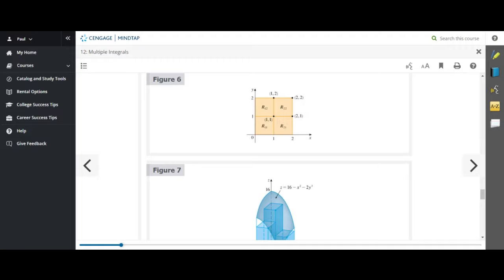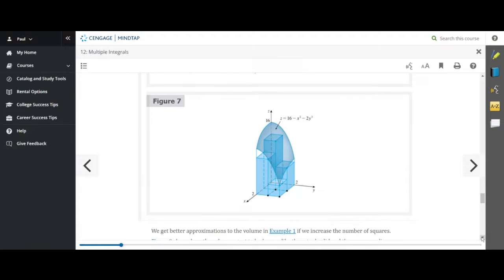They evaluate the function at those top right corners, and those function values define how high the boxes are. Then you find the volumes of the boxes and add them to approximate the volume.